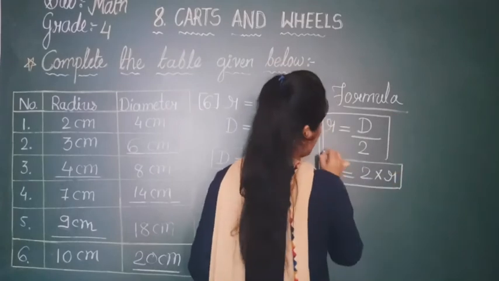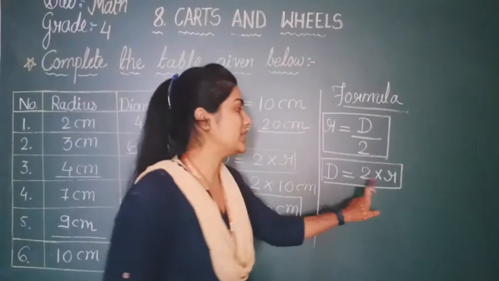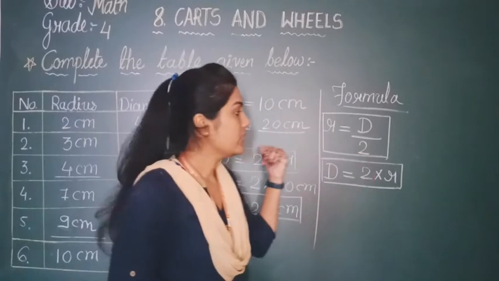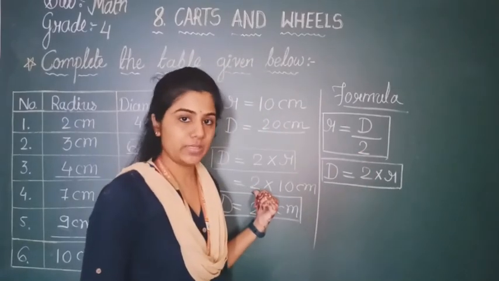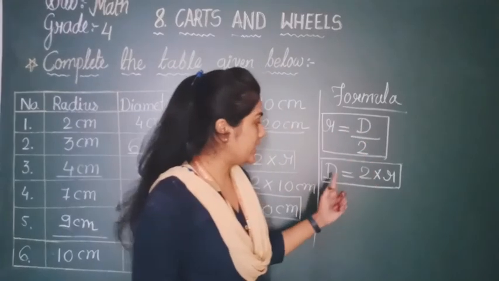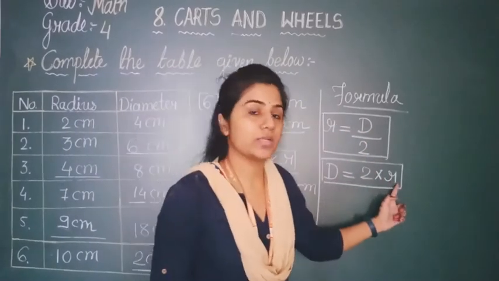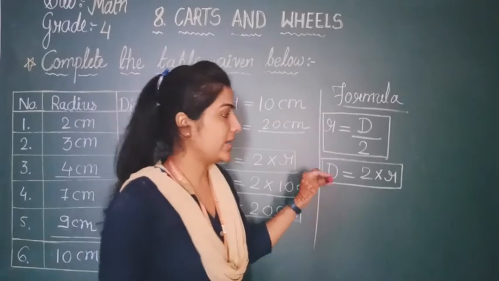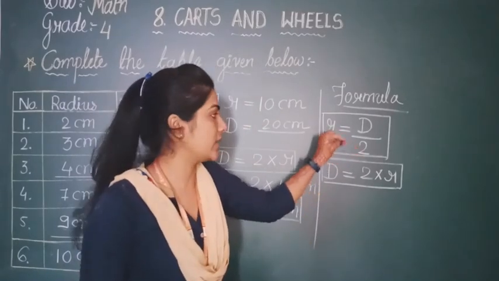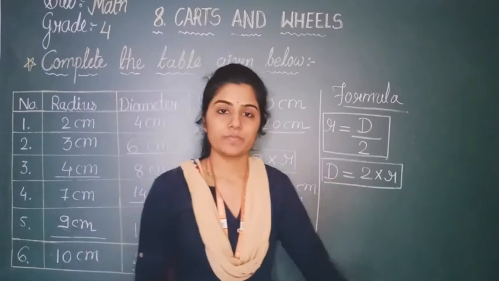Diameter is equal to 2 multiply R. So with the help of these two formulas, you can solve the sums, right? Like this: R is equal to D by 2 and D is equal to 2 into R. So any details you put into it and you can find radius and diameter.